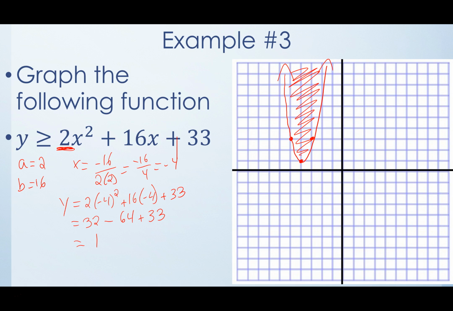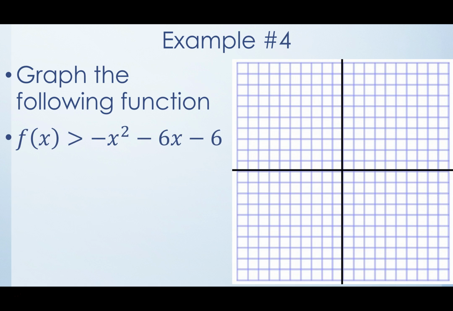Okay, so that's one of our examples of quadratic inequalities. So if we take a look at the other example, again, same general thought process. A is negative 1, B is negative 6. So the x-coordinate is negative of b divided by 2 times a. 6 over negative 2, which is negative 3.